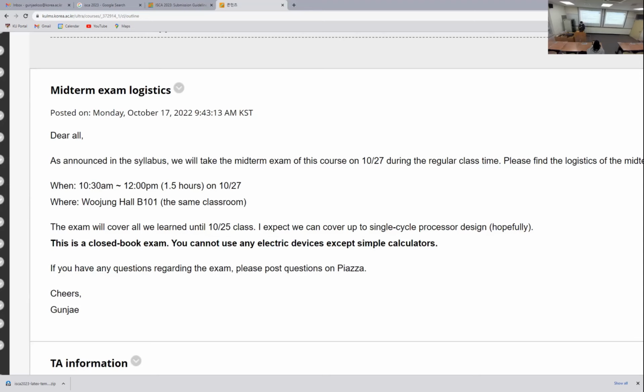We will take the exam during the regular class time, so it will start exactly at 10:30 and end at 12. It will take 1.5 hours.